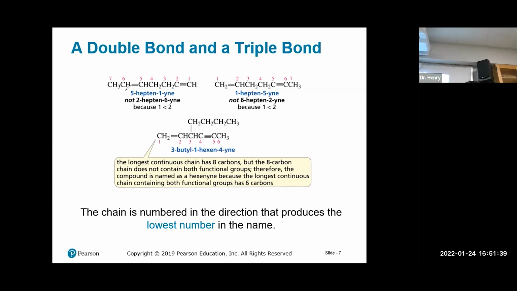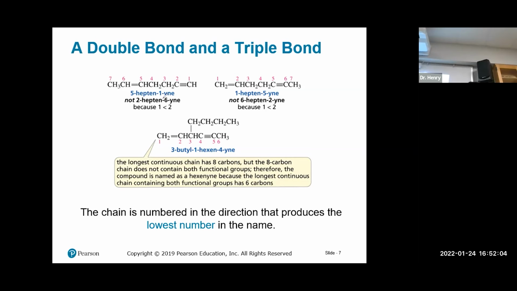Okay? So, the yne gets the lowest number and the last name, which, again, I don't necessarily agree with, but 1, 2, 3, 4, 5, 6, 7. Okay, so triple bond has the lowest number.